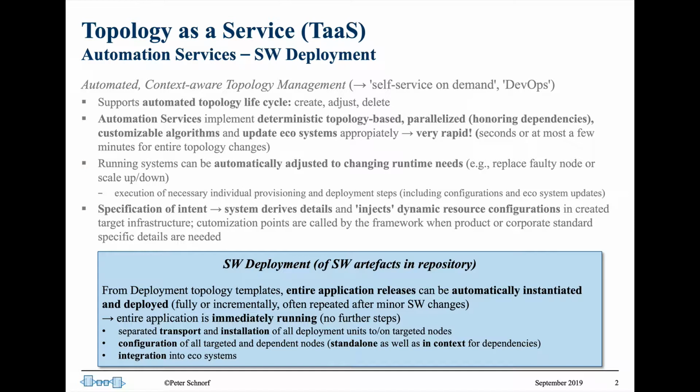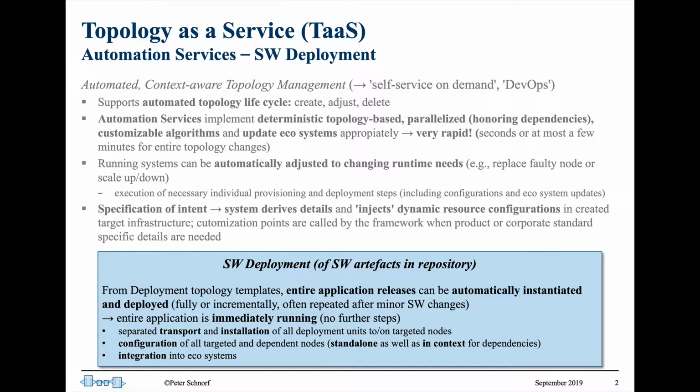Very often, deployment execution can happen repeatedly on the same infrastructure after minor code changes to all or some of the deployment units, and after upload as new versions to the repository. After deployment execution, an application is immediately running, and no further steps are necessary.